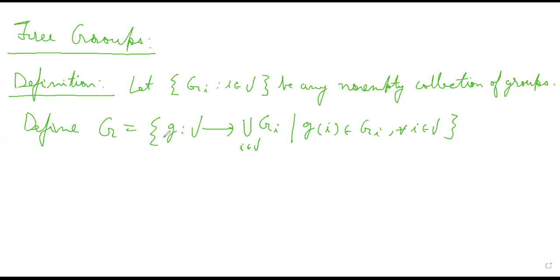This is basically a Cartesian product. You can see the Cartesian product of G_i. This is how you define the Cartesian product.